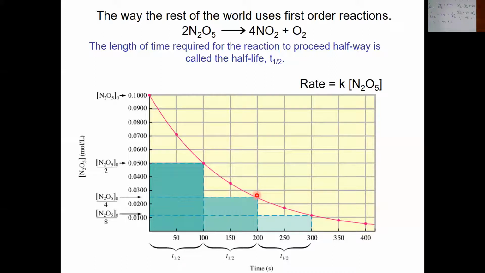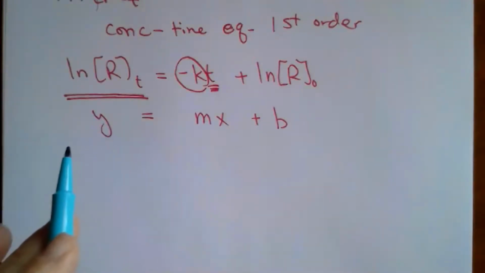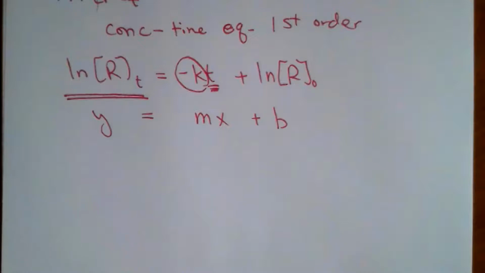This is a first order reaction. So let's revisit our concentration time equation for a first order reaction. If I go back to my first order concentration time equation, I can calculate how long the half-life of any first order reaction should be if I know one thing.